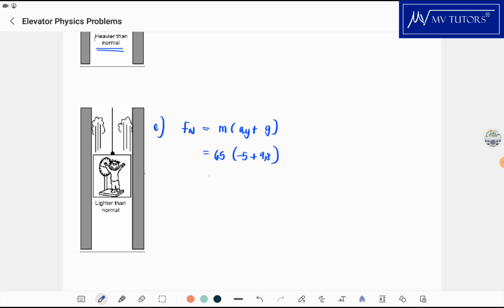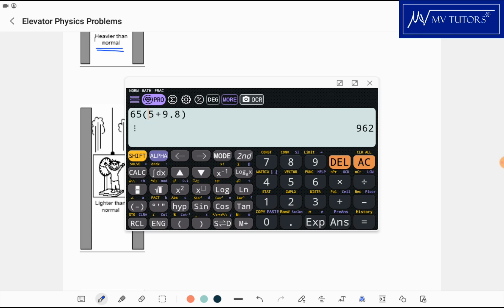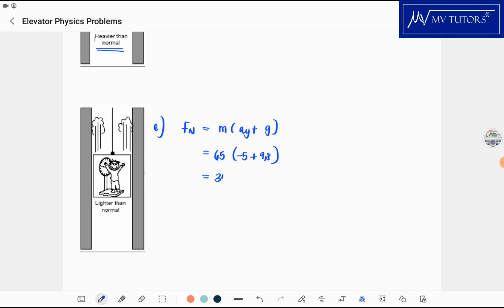You can't just put plus 5, because then we're going to get the same reading. So with minus 5, we now have 312 Newton. I actually just thought about it. The scale will read your mass, sorry, it will not read your weight. So it doesn't matter whether the elevator is going up or down, I'll always be that 60 something.